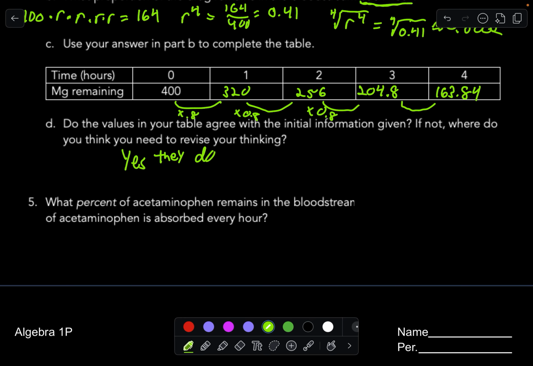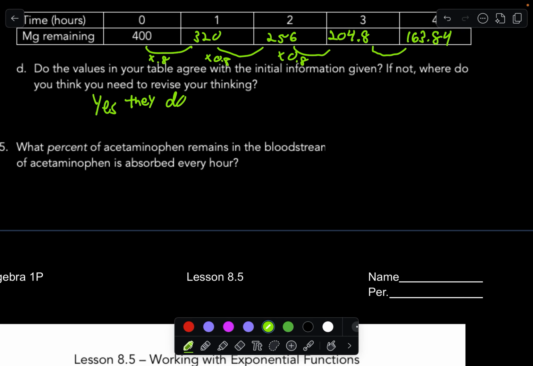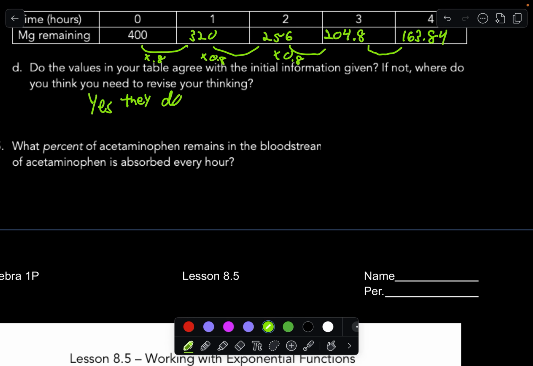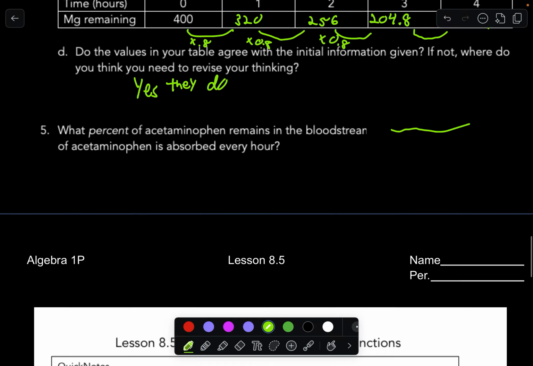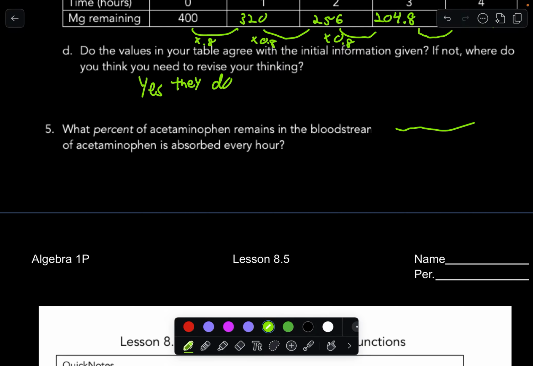Okay. What percent of acetaminophen remains in the bloodstream each hour? What percent of acetaminophen is absorbed? So for whatever reason, this got cut off. So what percent remains in the bloodstream?